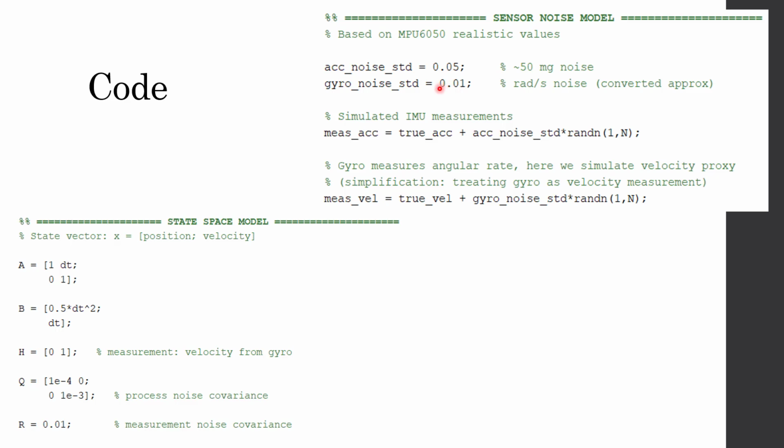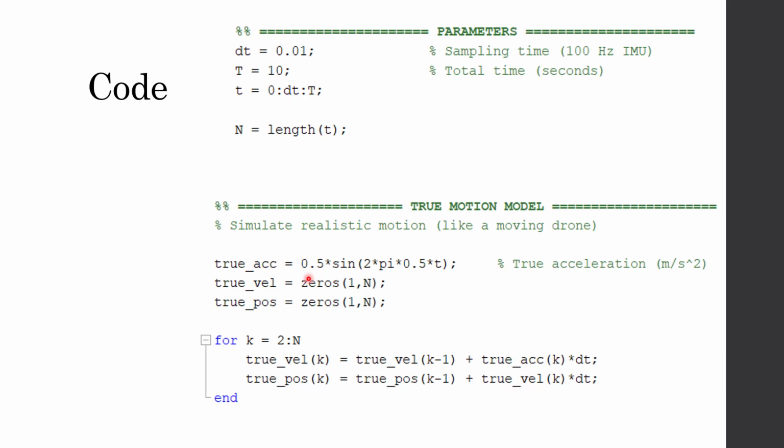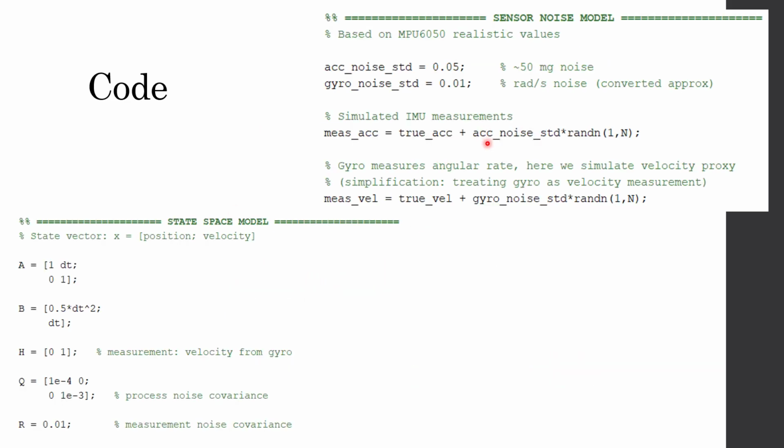The sensor is modeled, for example, the accelerometer with 0.005 and the gyroscope with 0.01 noise variance, which is the standard deviation, given in the data sheet. For the measurement acceleration, we have the true acceleration calculated in the previous slide, and then add random noise to it with the standard deviation mentioned in the datasheet.